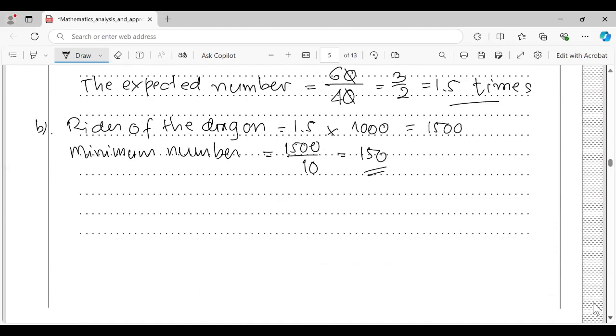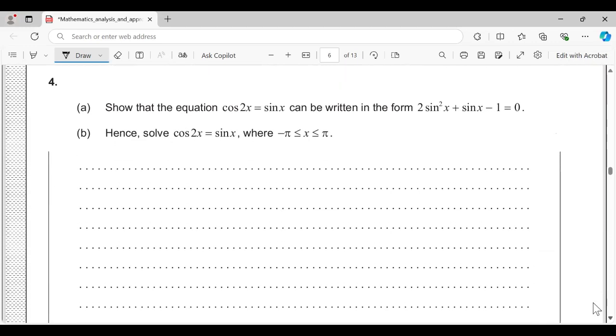All right, next. Number 4, show that the equation cosine 2x equals sine x can be written in the form 2 sine squared x plus sine x minus 1 equals 0. Right.